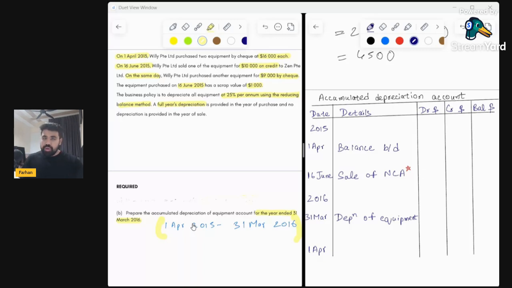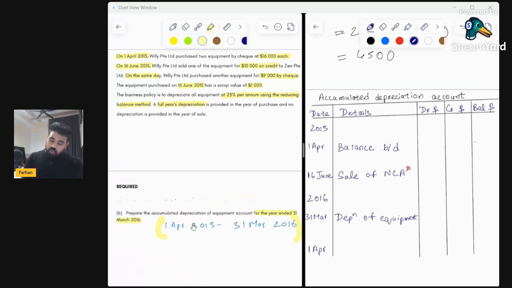Because accumulated depreciation basically records the reduction that we have for our non-current assets, it is a contra asset account, and by default, the opening balance should always be on the credit side, which also means when accumulated depreciation increases, we credit it within this account, and when it decreases, we debit it within this account.